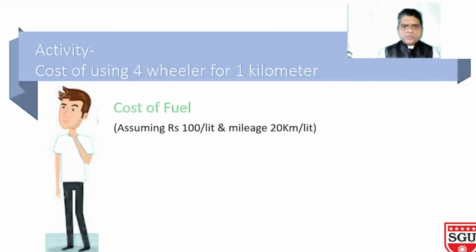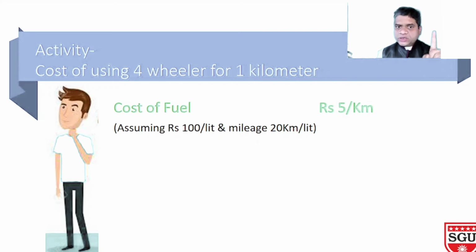Let us assume it is a diesel car and the cost is around 100 rupees per liter, and the mileage of that vehicle is 20 kilometers per liter. I have not taken any example of a specific car, but on average a four-wheeler gives, let's assume, 20 kilometers per liter. Then the cost of the fuel one can easily calculate as rupees 5 per kilometer.